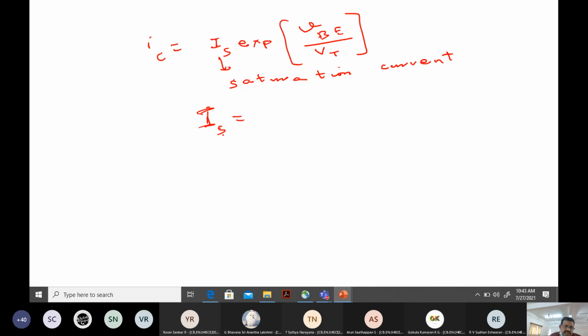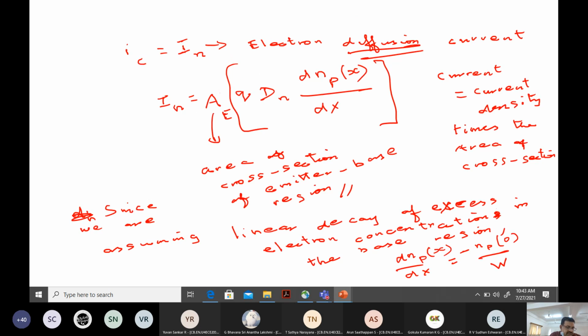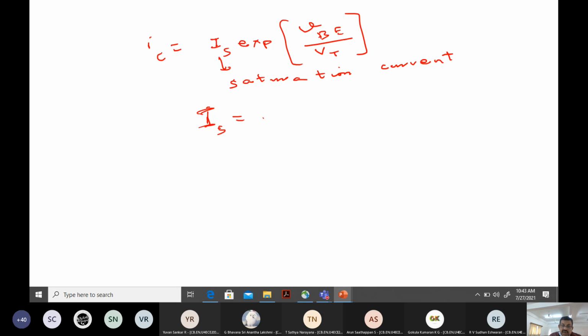If you look at here, in the absence of the forward bias, the saturation current will be AE q Dn np naught by W, because this is what is obtained from the earlier expression.